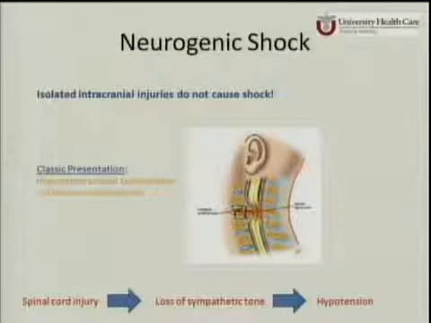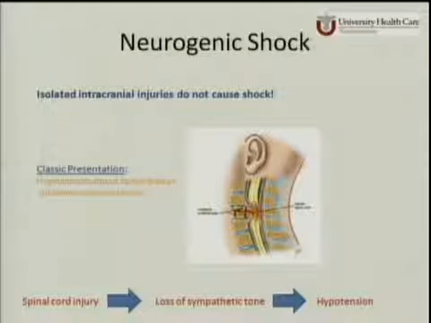The reason for that is we lose sympathetic tone when we're in neurogenic shock. Normally the body would try to clamp down to keep the blood pressure up. In this shock, it doesn't clamp down, and we also lose the sympathetic response from the heart in pumping faster.